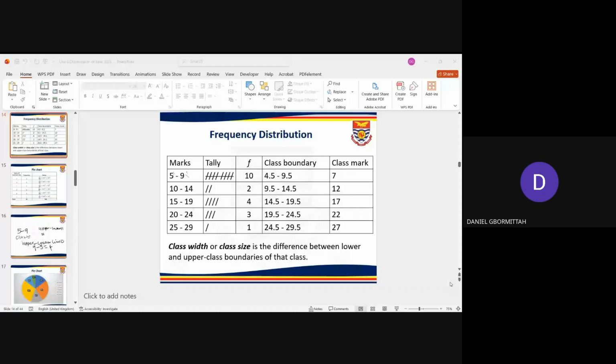So we divide the frequency, 20, by 5, since from this question we have to group it into 5. 20 divided by 5 gives 4. Then we start counting from the smallest number, from the 5: 5, 6, 7, 8, 9. So we are going to get 5 each.